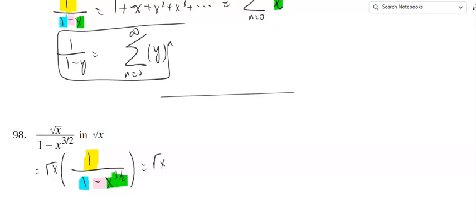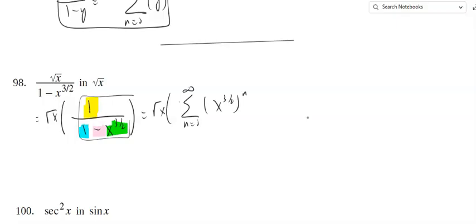So this is going to be radical x. This right here is going to give me the series n equals 0 to infinity of x to the 3/2 raised to the n power. And now all I have to do is use some algebra and clean this up. This is x to the 1/2, series n equals 0 to infinity, x to the 3n over 2.